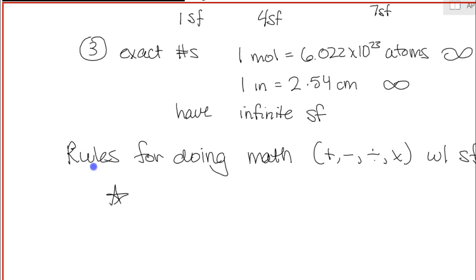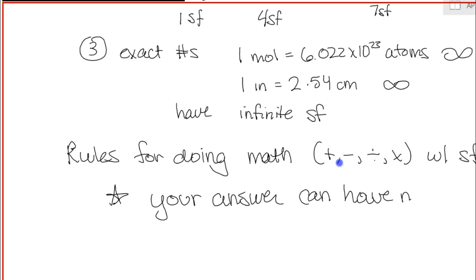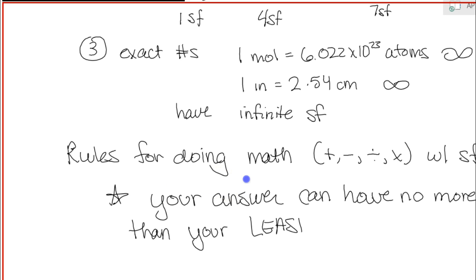That rule, the golden sig fig rule, is that your answer can have no more sig figs than your least precise measurement.